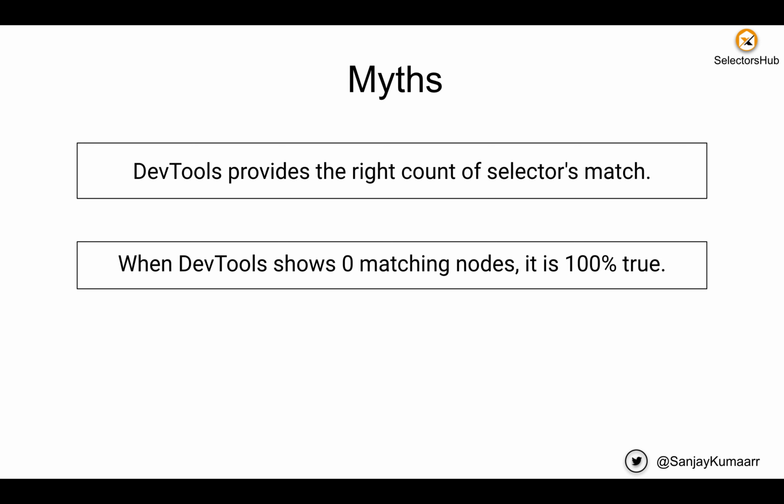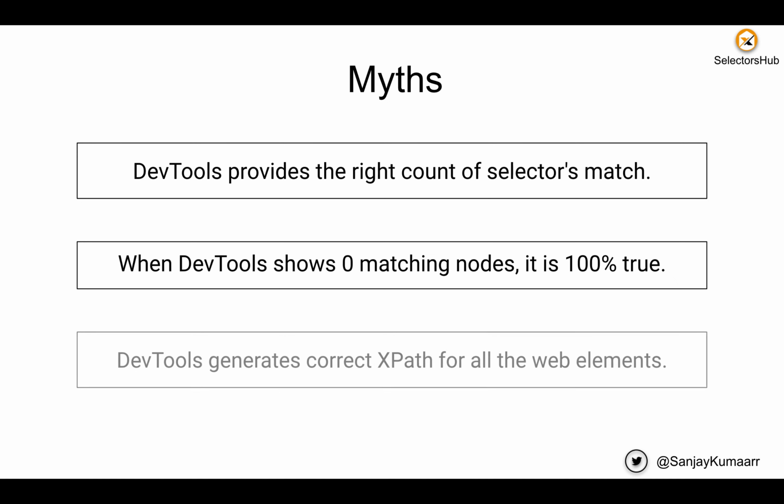We considered in the past that it is 100% true, but actually it was not true. Even for right selectors for Shadow DOM elements, it used to show zero matching nodes. In case of iframes and SVG, it gives wrong information.